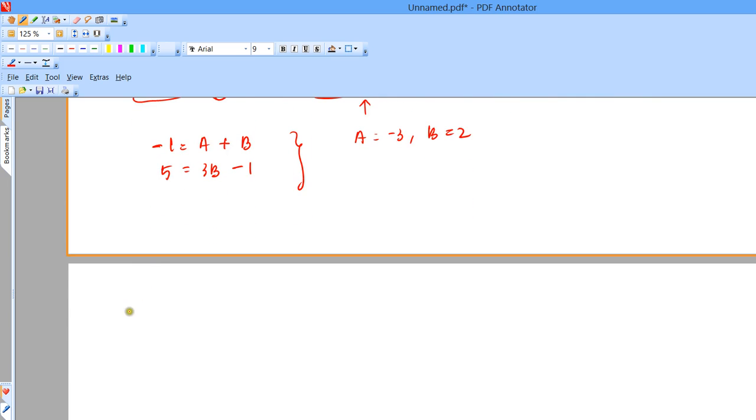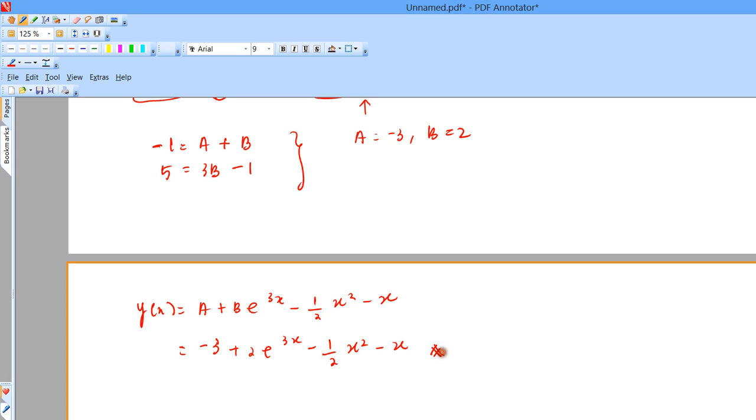So we get y(x) equal to, based on y(x) equal to a plus b e power of 3x minus 1 over 2 x squared minus x, and then we can substitute a equal to negative 3 and b equal to 2, so negative 3 plus 2e power of 3x minus 1 over 2 x squared minus x.